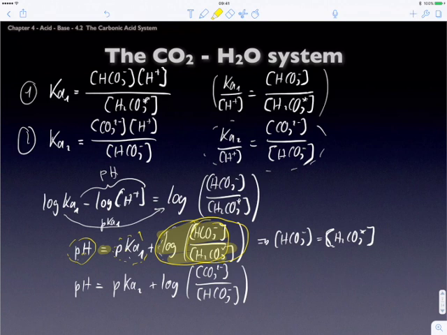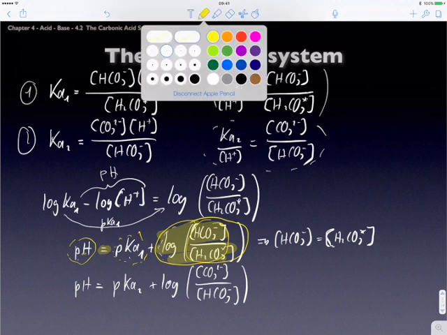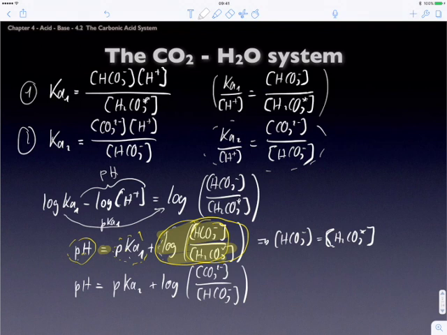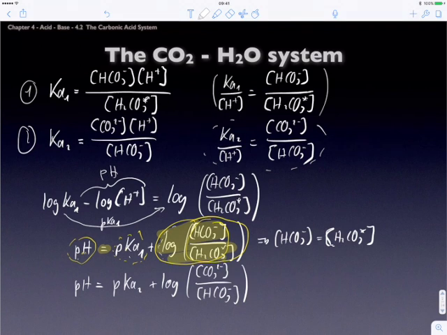And the only way to have log of something that is negative means that this has to be smaller than 1. So in this case, if you have pH smaller than pKa1, you must have HCO3- divided by H2CO3 smaller than 1. That means you have more carbonic acid than bicarbonate.